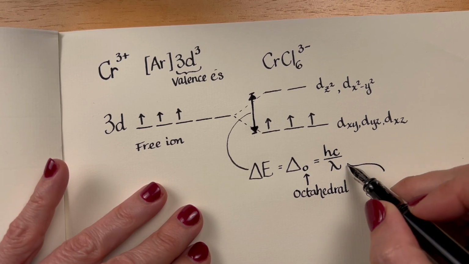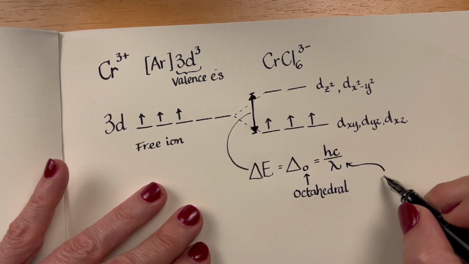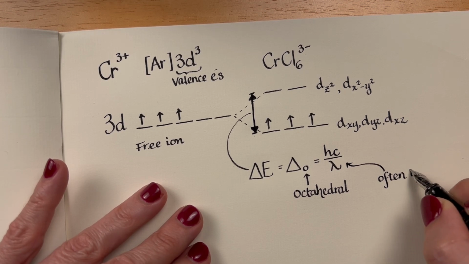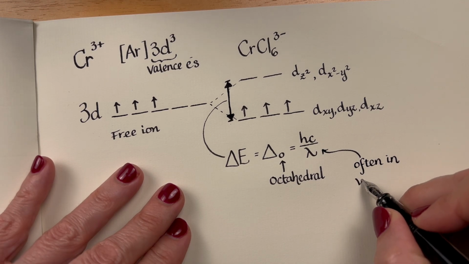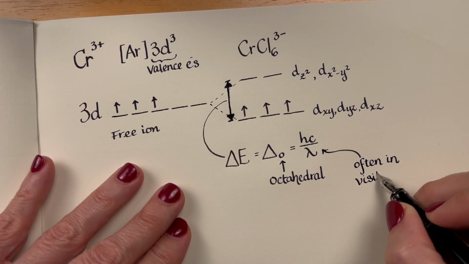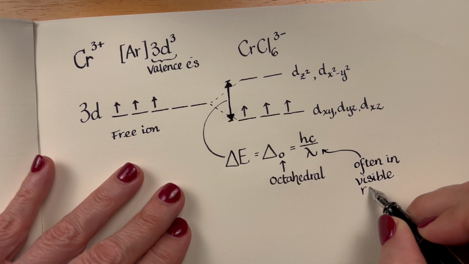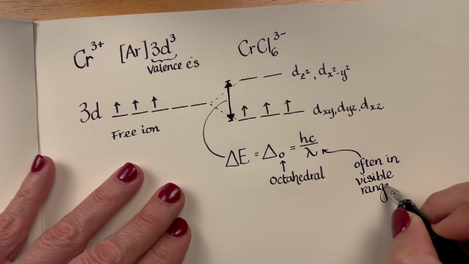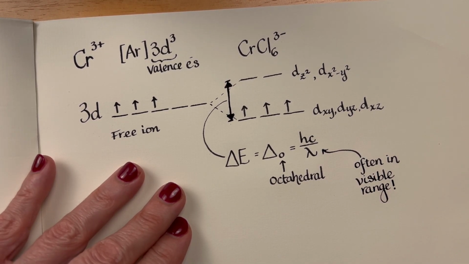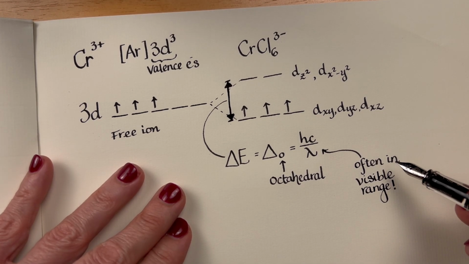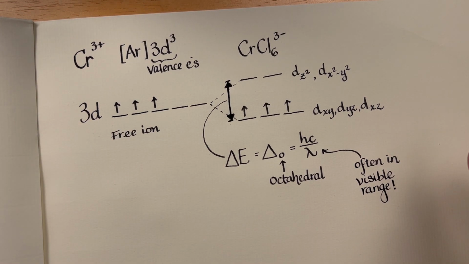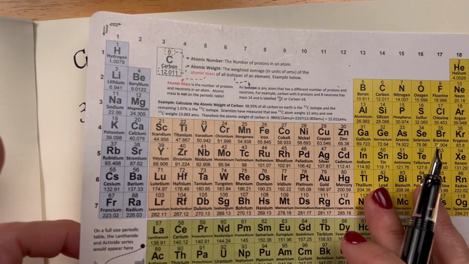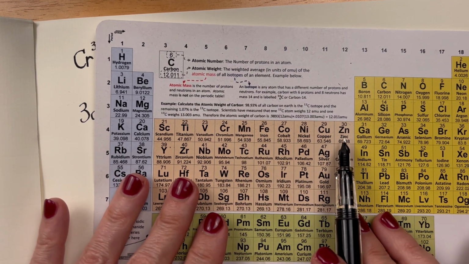And the wavelength is often in the visible range. Which is the reason that so many of these transition metal complexes give us beautiful, vibrant colors.